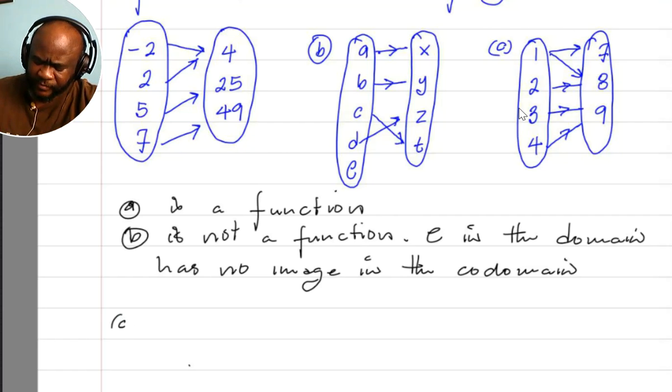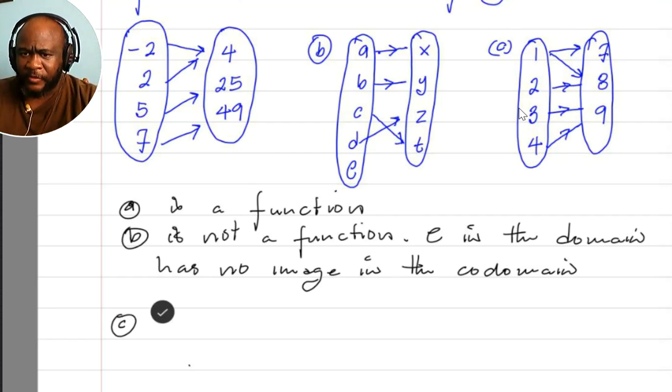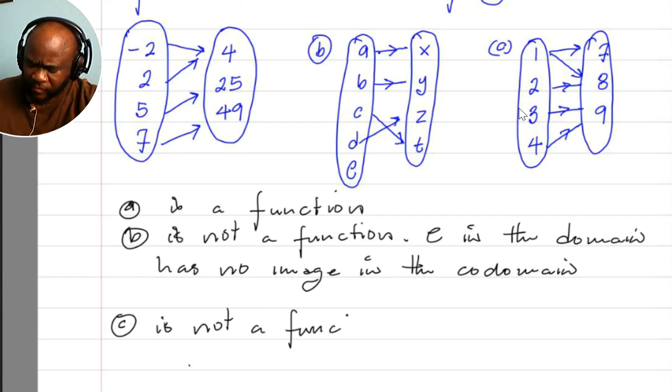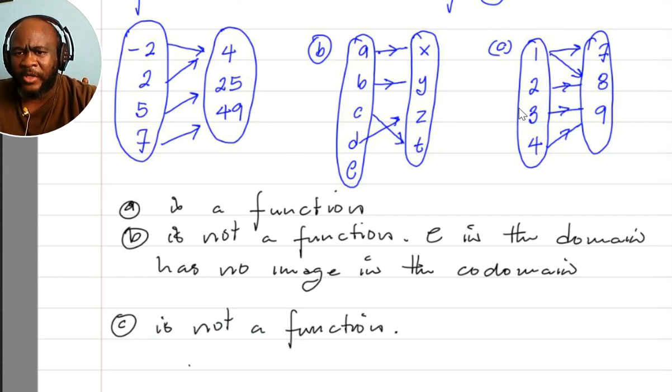C. Now C is not a function. And the reason for that is one in the domain has two images in the codomain. A function is a relation in which every element in the domain has only one image in the codomain.